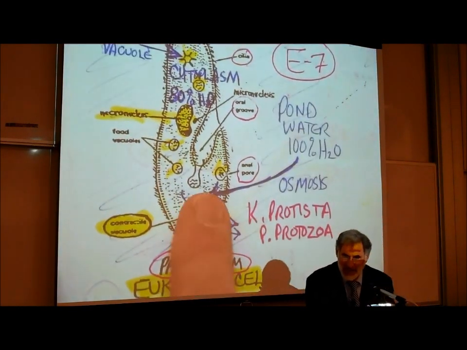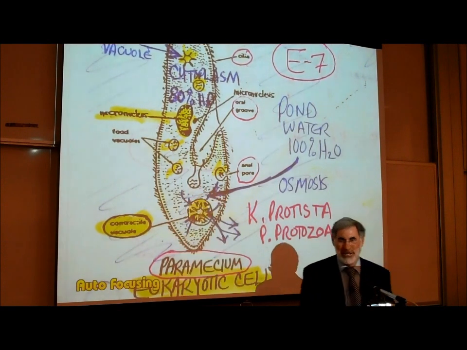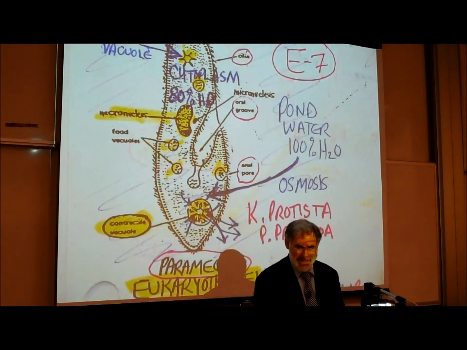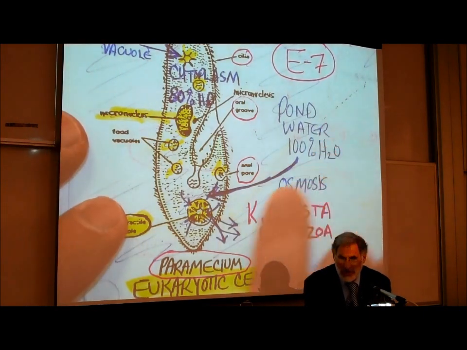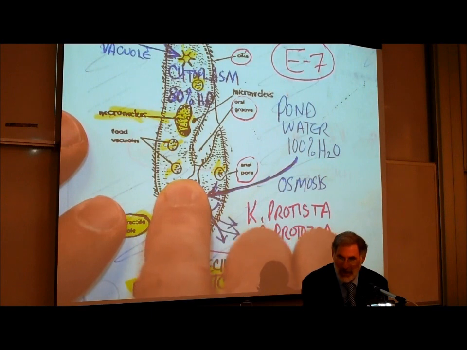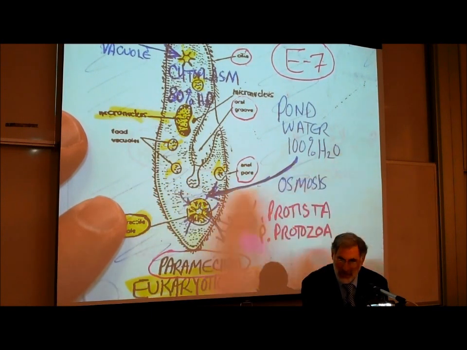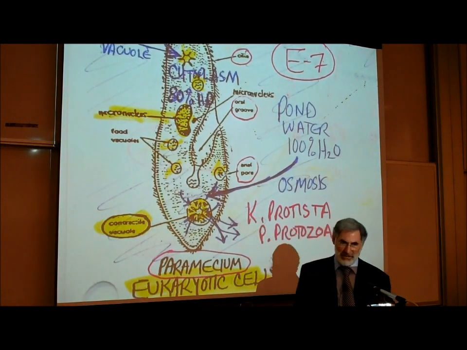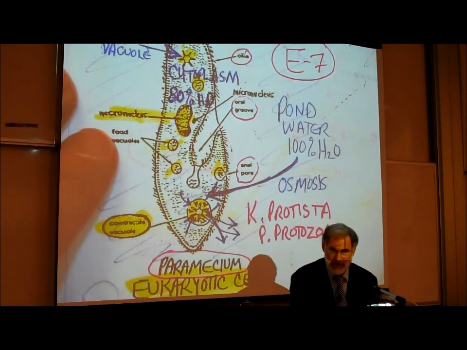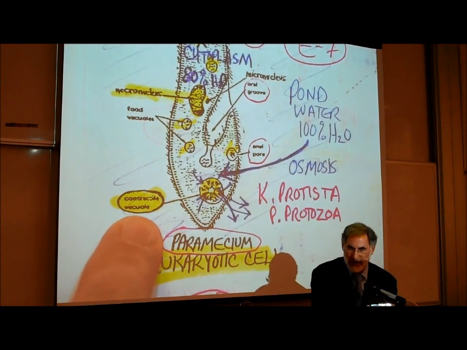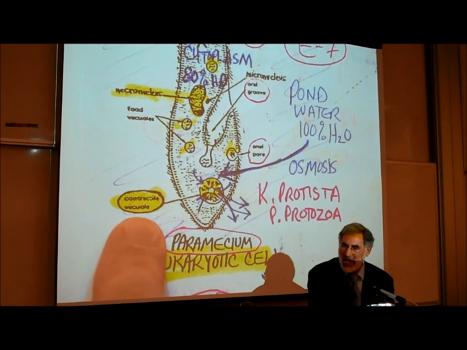The inside of a cell is mostly water. It's not 100% water. It's about 80% water. So as the water starts to flow into the cell, flowing from 100 to 80% water down its concentration gradient, and this is called osmosis, if something doesn't compensate for this, the cell is going to swell up and burst, but it doesn't.